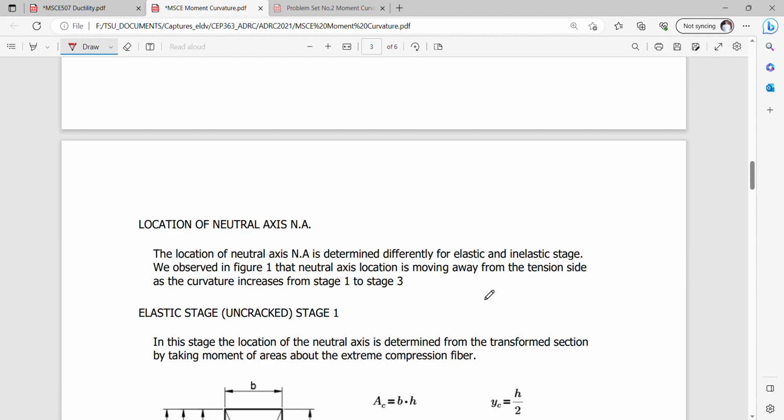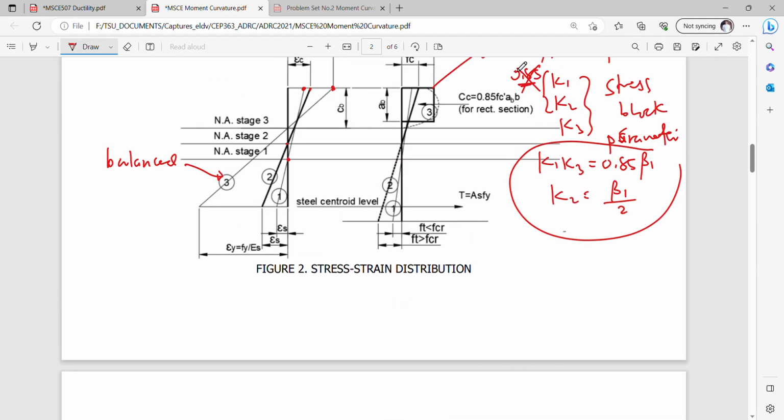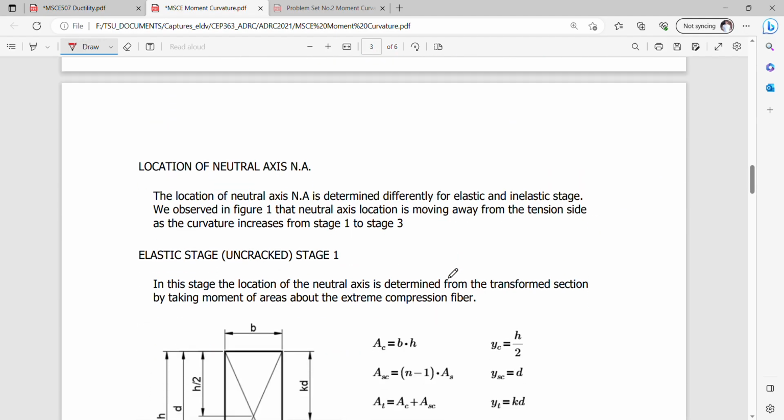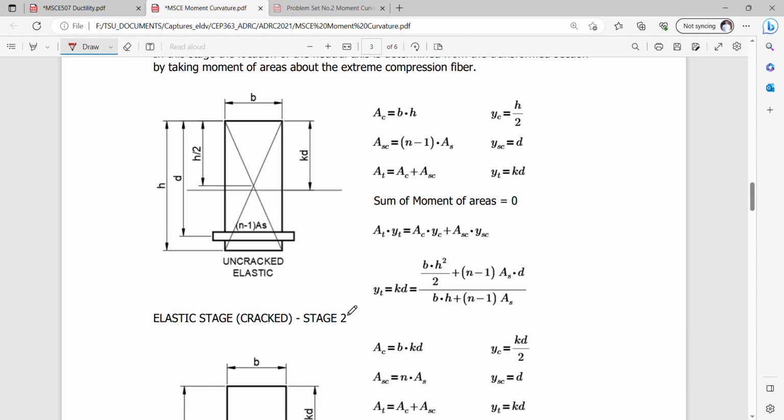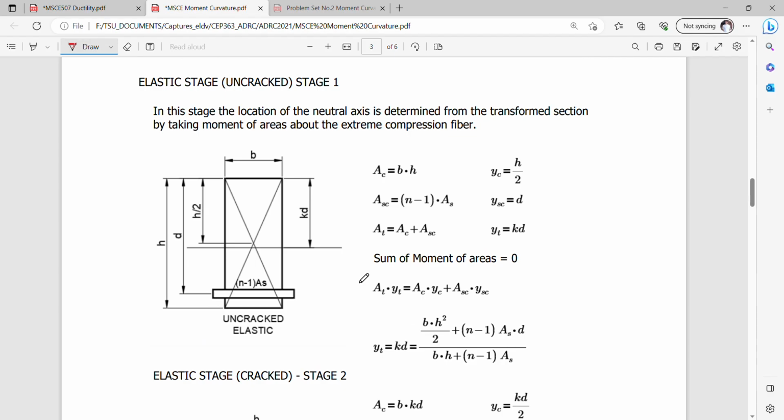is determined differently from elastic and inelastic, and we can observe it by going back to this figure here. So the elastic stage uncracked behavior can now be represented by this formula, and I wouldn't like to go further on the derivation, but rather I just want to show you how the location of the neutral axis is obtained.